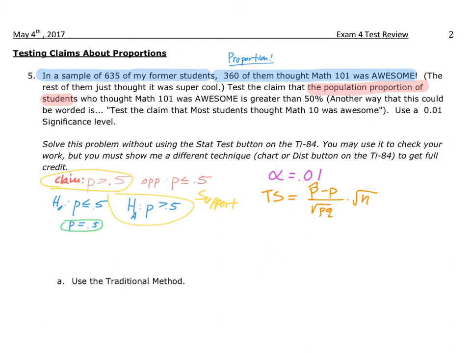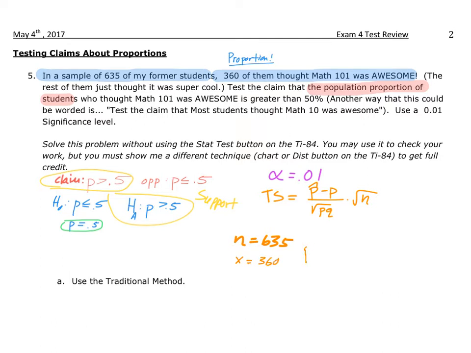Before I can calculate the p hat and the test statistic, I've got to identify what my values are. So I look through the problem, and I've got 635 of my former students. That is my sample size, so my n is equal to 635. I've also got that 360 of those liked the class. So that's going to be my x, and that's going to be 360.